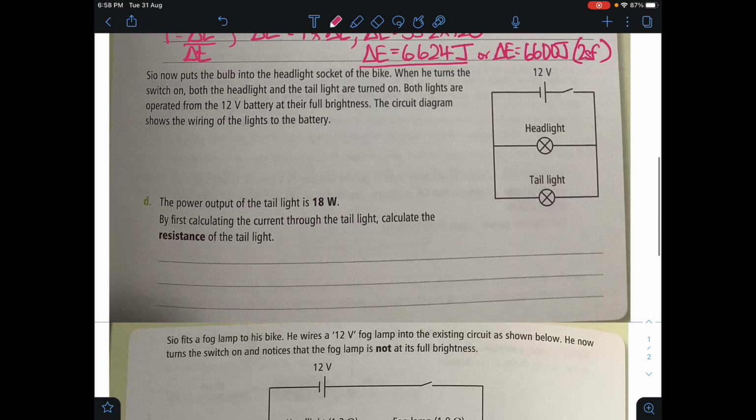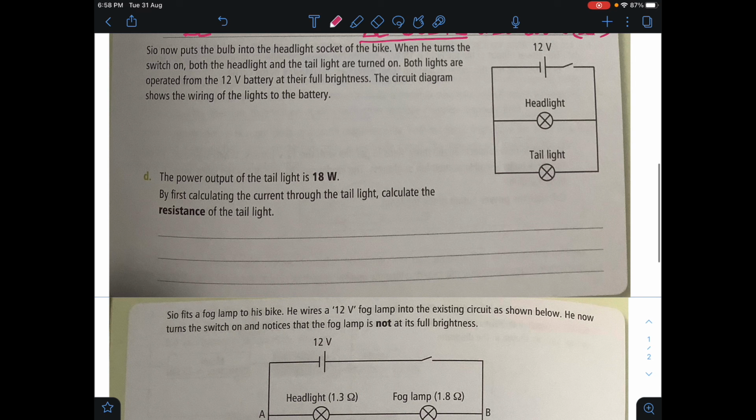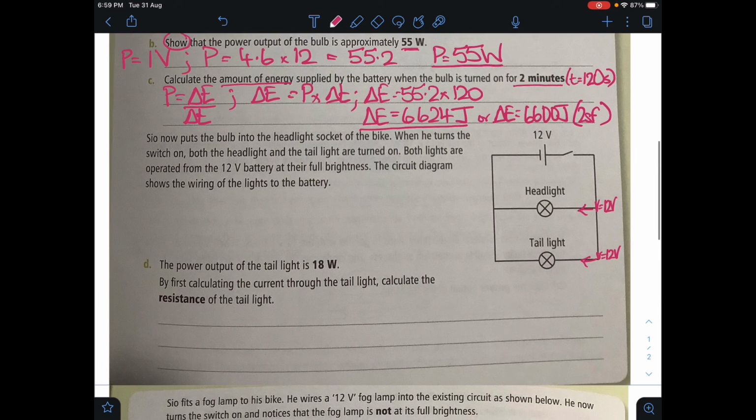So now the circuit becomes slightly different, and we've now got a headlight and a tail light, and they are in parallel. Okay, so before we even start, I think to myself, okay, I know that the voltage through here is going to be 12, and the voltage through here is going to be 12 because voltage is the same in a parallel circuit.